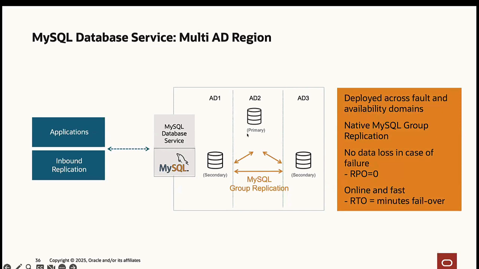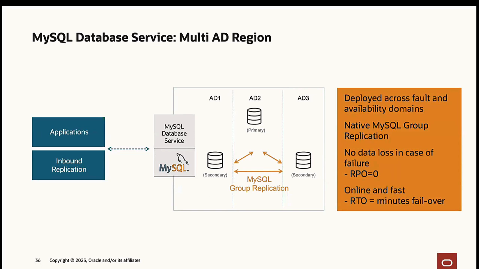So what it'll do is it'll spawn your databases in different ADs. If you are in a single AD region, which means there's only one data center in that region, there are some things called fault domains, which have uncorrelated data center resources.